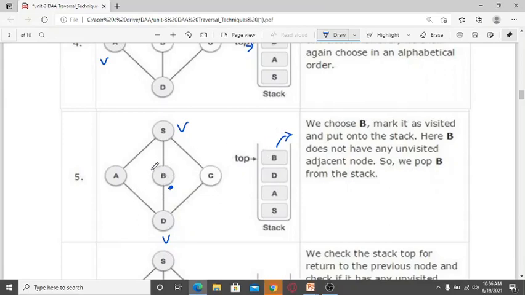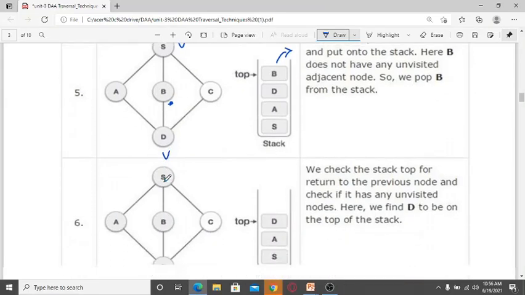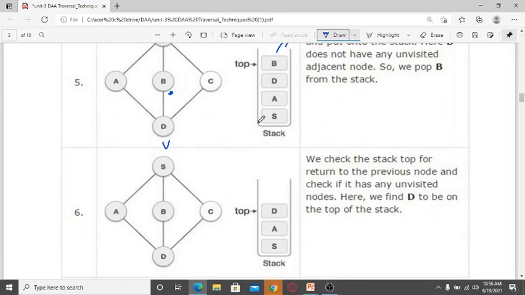That means there is no unvisited adjacent to B. So when we remove B, what are the remaining? S, A and D. So our top is D, and we are now at the place of D.